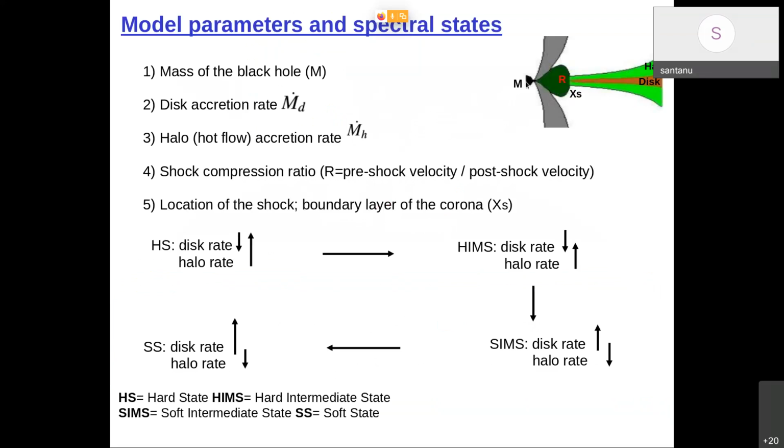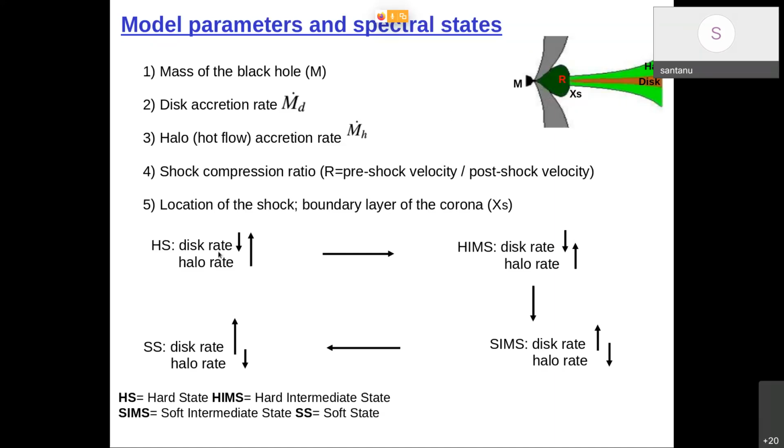We also need the mass of the black hole. We need the halo component, so this is basically the halo accretion rate, mh dot, and we need to show this for the optical depth of the corona. We need R, basically the change in velocity, and also the size of the corona, which is xs. So we have 5 parameters if we do not know the mass of the black hole.